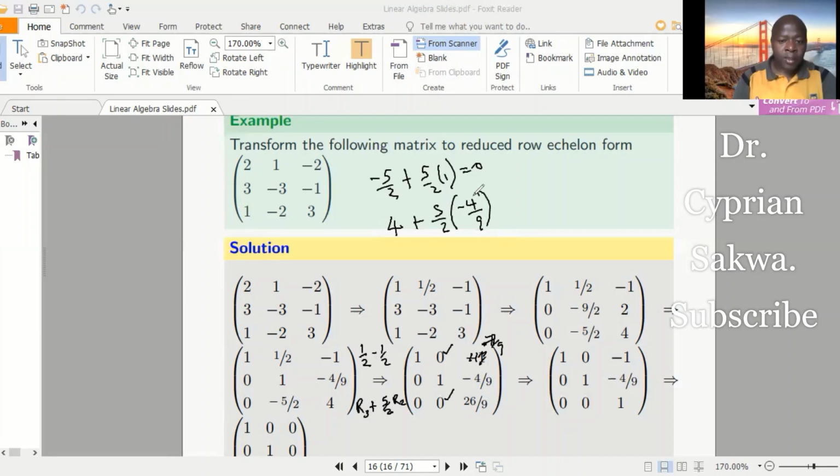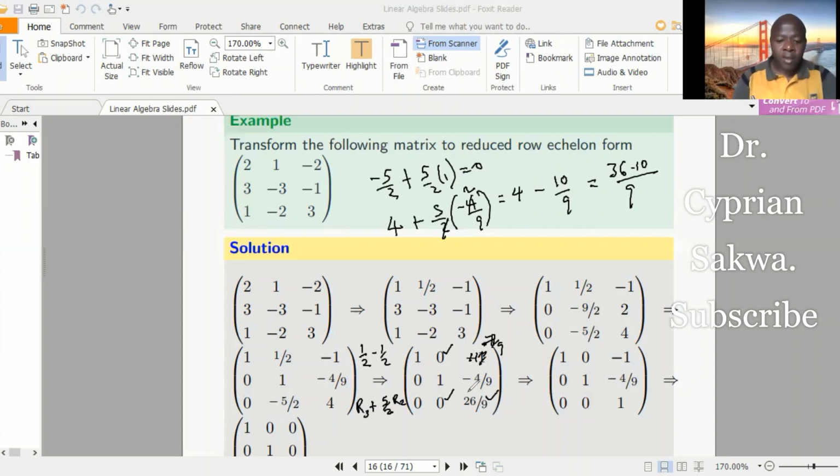This will go here twice. So what I'd be having before, minus 10 over 9, which is the same as 36 minus 10. That's 26 over 9. And that is this 26 over 9.